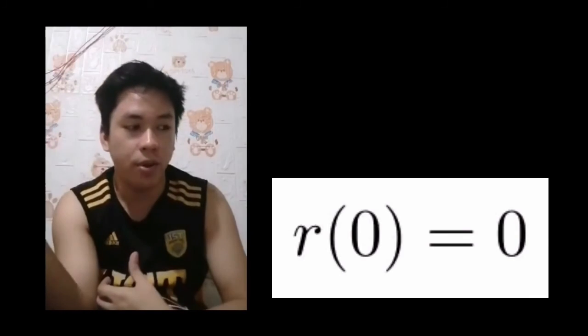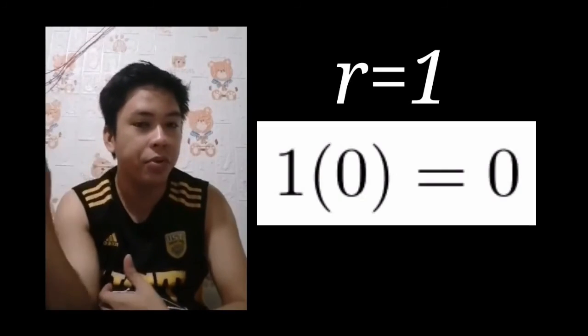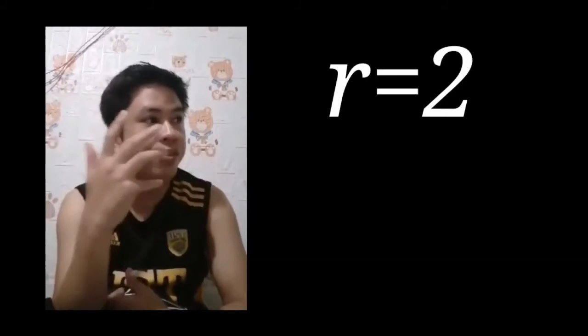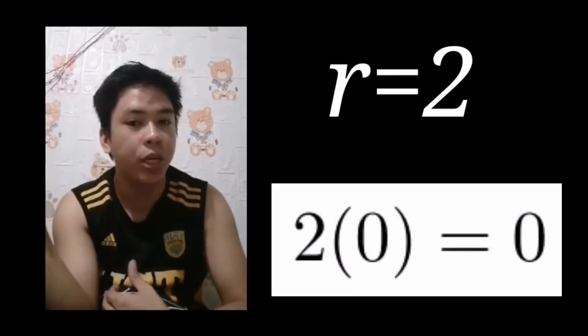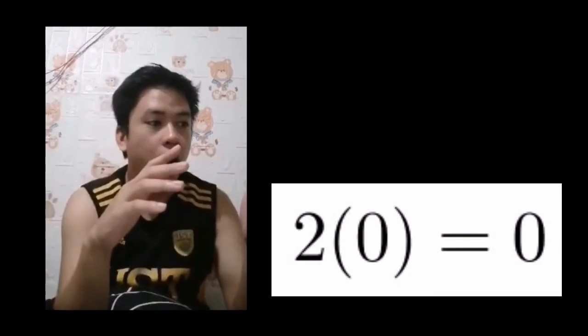So R equals 0 over 0. That means we have the equation R times 0 equals 0. Meaning that if R equals 1, we have 1 times 0 equals 0. If R is 2, we have 2 times 0 equals 0, and so on.